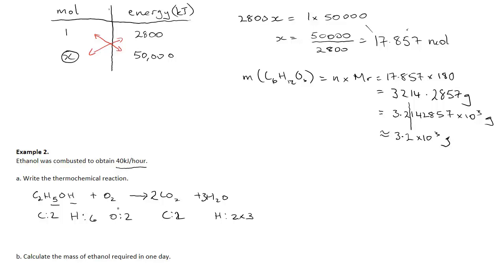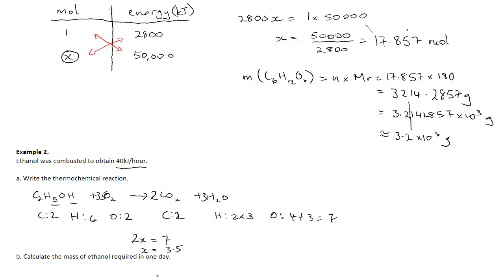I have 2 oxygens on the left hand side, and on the right hand side there are 4, 2 times 2, plus 3, so that's 7. Once again we need to balance the oxygens, so 2 times an unknown number gives us 7, and if we transpose this equation we get x as 3.5, so there's 3.5 oxygens.